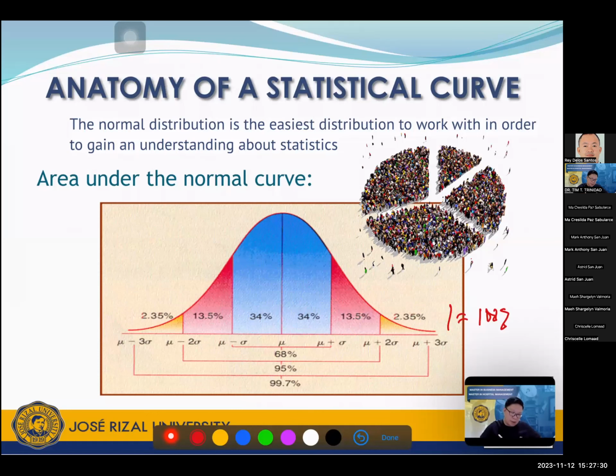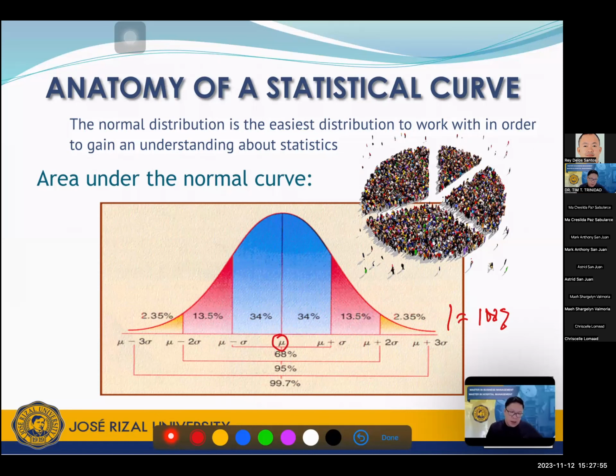Okay. So if you want to divide this population into measurements, we come up to this standard deviation. So the parts of this curve, the middle will represent what? What values should be in here? Mean. The mean is in the middle.